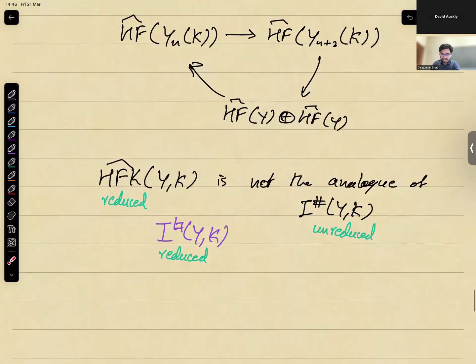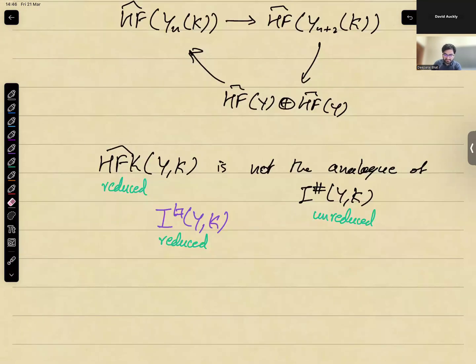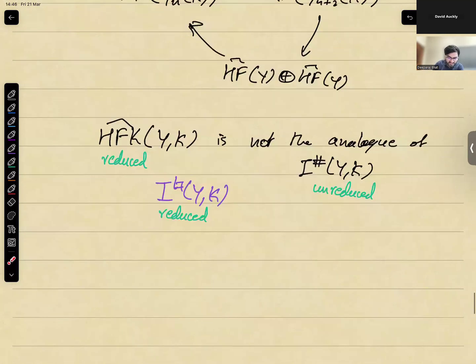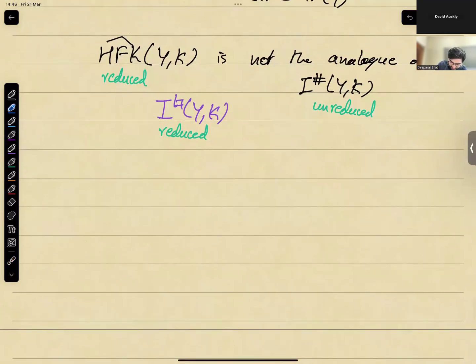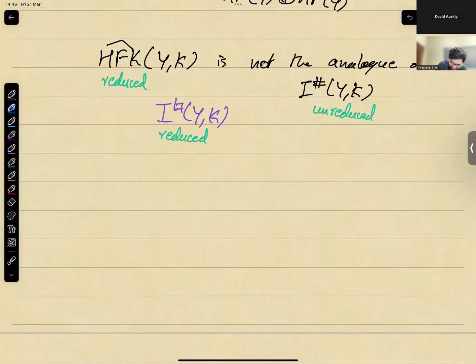So there's this issue that in Heegaard-Floer theory there was no unreduced analog of the Heegaard-Floer knot homology. But this has been rectified very recently, in fact in January, so let me write this as a definition.